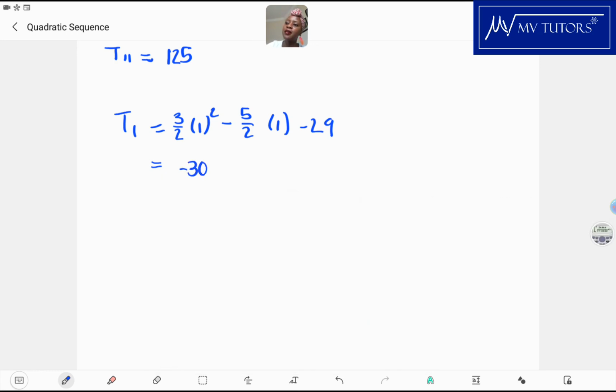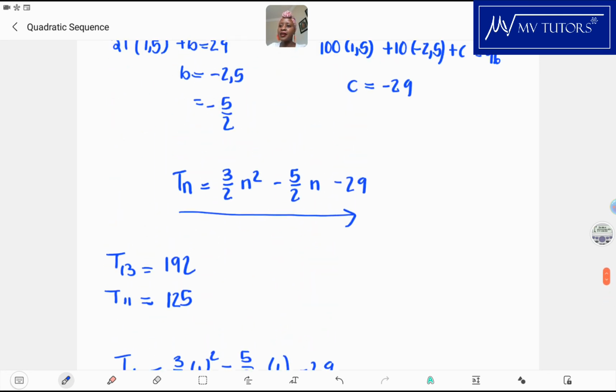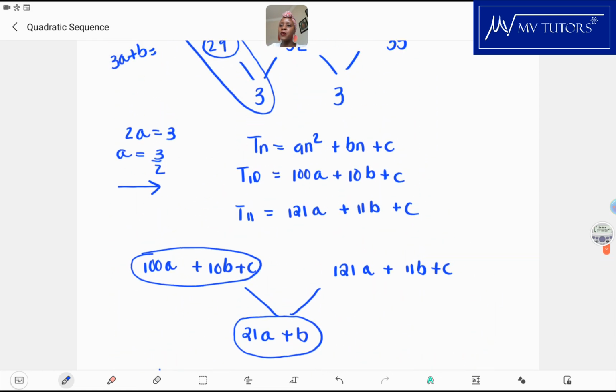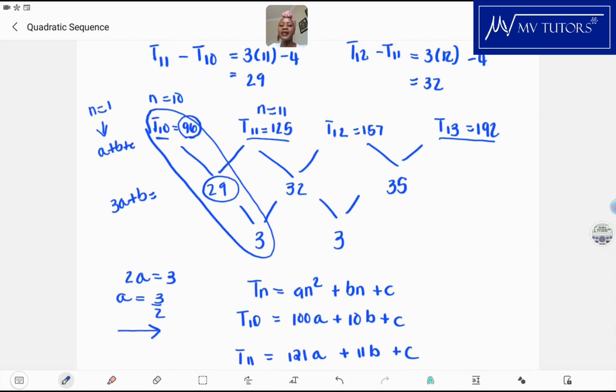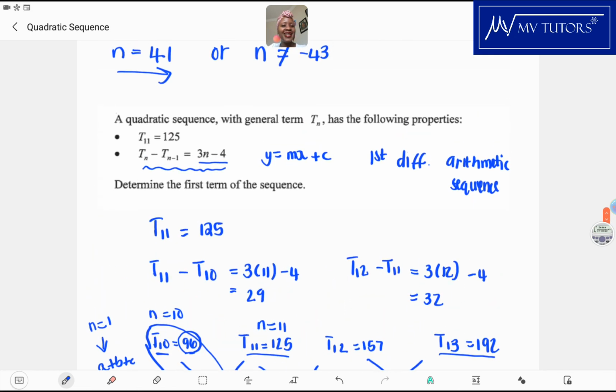So this sequence started on the negative, and by the time it reached the 11th term, it was positive going forward. And yeah, guys, we're done. The first term is negative 30, and that's it.